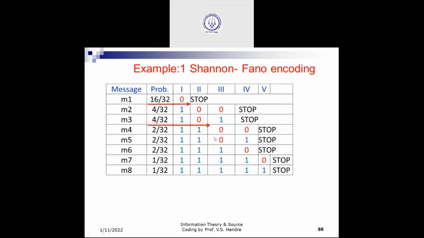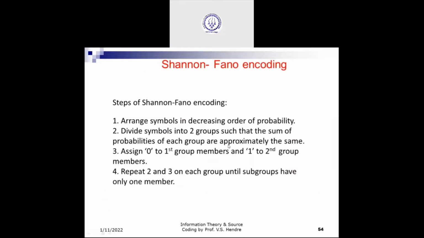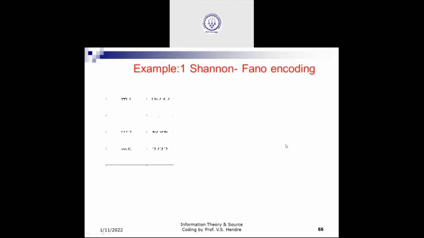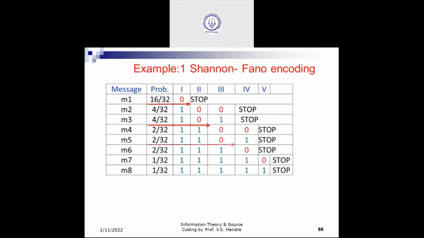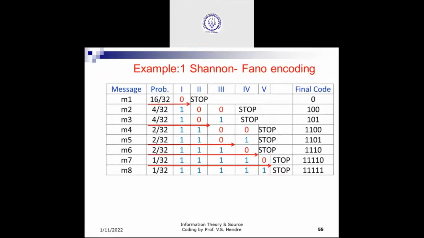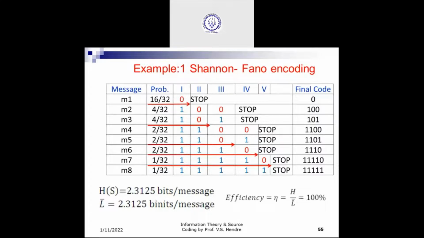That's why in the step we mention the concept of approximately the same: each group has a sum of probabilities approximately the same. So this is the example of the Shannon Fano encoding technique. I hope I could explain the algorithm in the simplest way by taking a simple ideal example where the efficiency is exactly 100%. If you have any doubt, please ask.